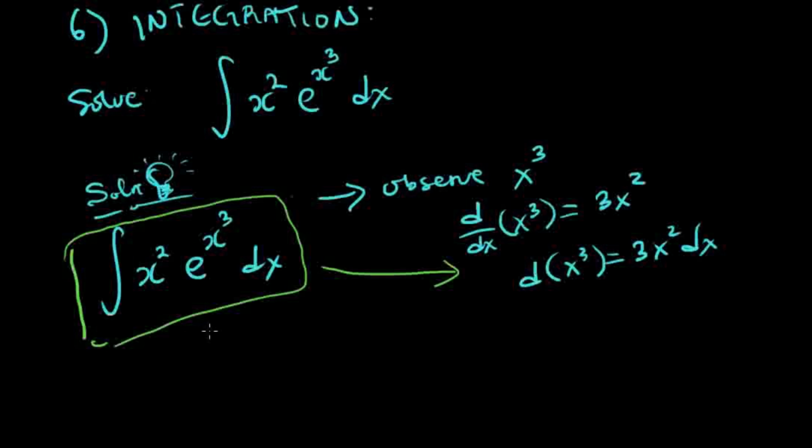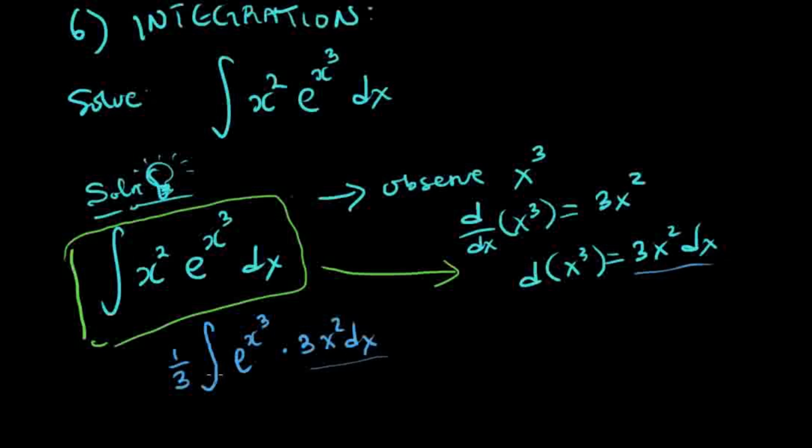In manipulating the integral, I'll have the integral of exponential x cubed times 3, and I'll put a 1 over 3 outside, then x squared dx. So I've now gotten this term here.